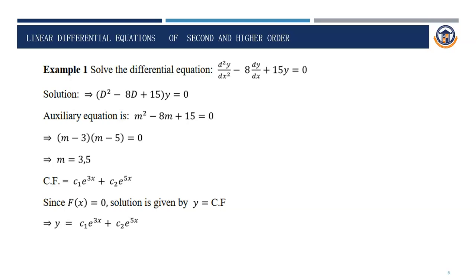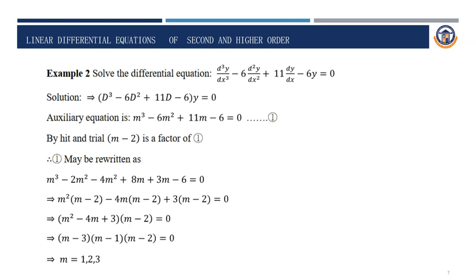In our problem, the right hand side, capital F of x, is equal to 0. Therefore the solution is given by the complementary function only, so y is equal to c1 e power 3x plus c2 e to the power 5x.